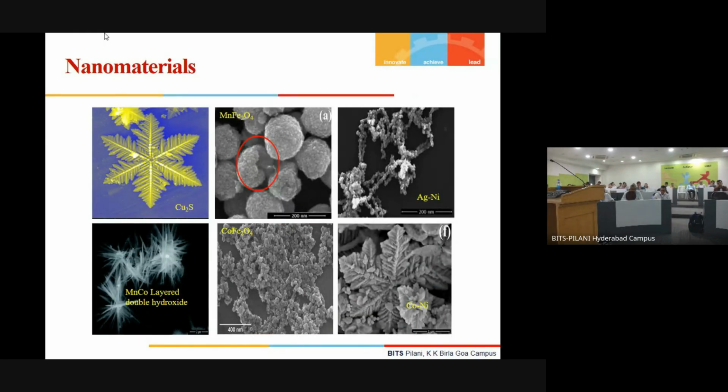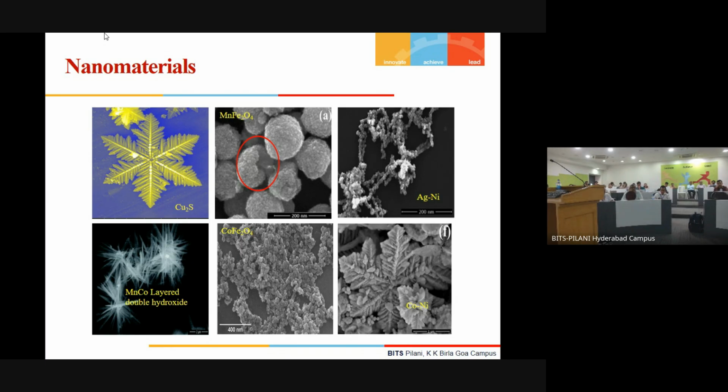Now we have developed some nanomaterials with exotic structures, like copper sulfide with a dendritic structure. We have made some manganese ferrite. It has a magnetic property, and you can see that there is a broken sphere, which shows that it is a hollow sphere.